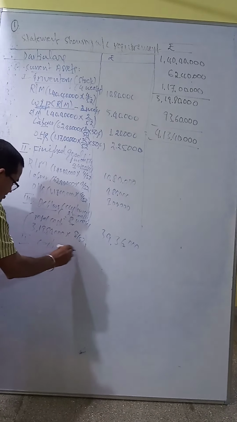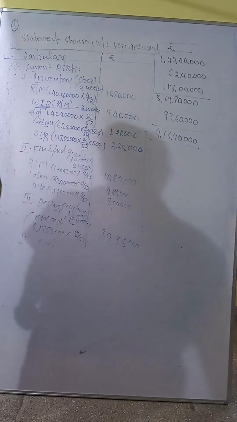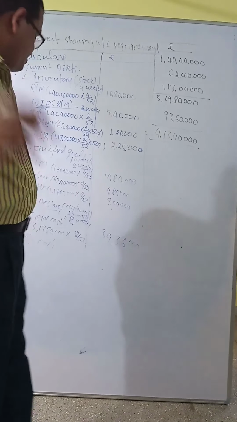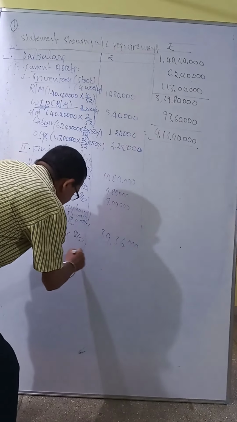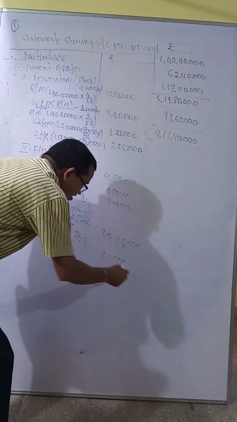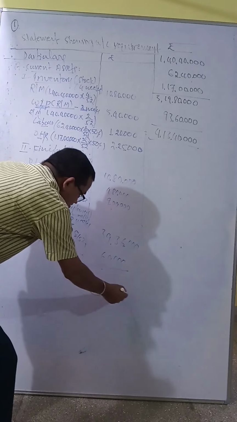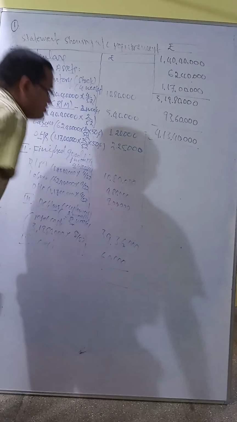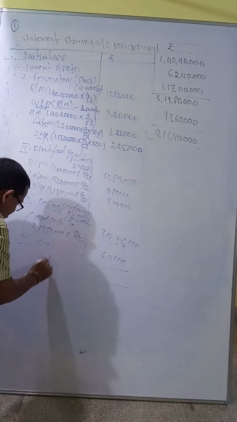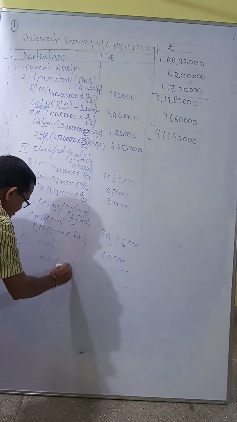What is that? Cash. Cash in hand is given in the question. See, cash of rupees 60,000 is given, cash in hand or cash in bank. Okay, add. You'll get total current assets.